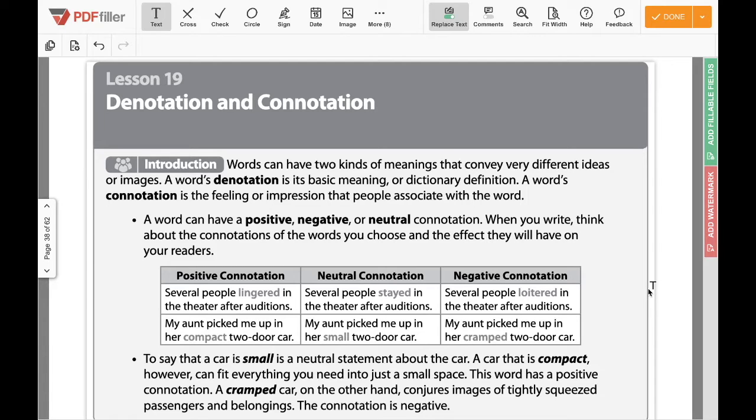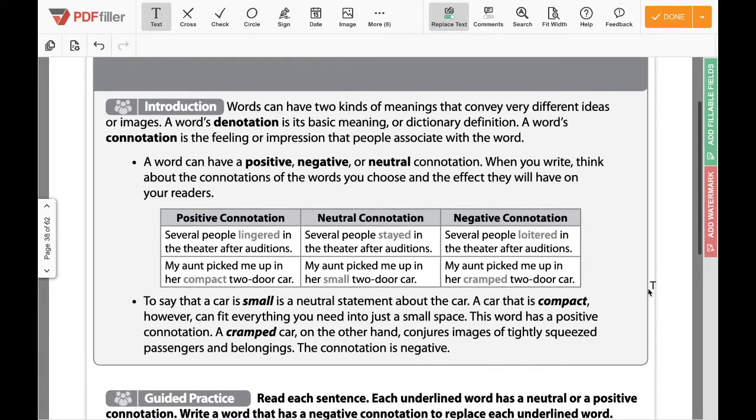So when you are writing, you should think about the connotations of words you choose and the effect that they'll have on readers. So it's going to break down a few examples, two from each: two positive, two neutral, and two negative. So let's take a look at those here.